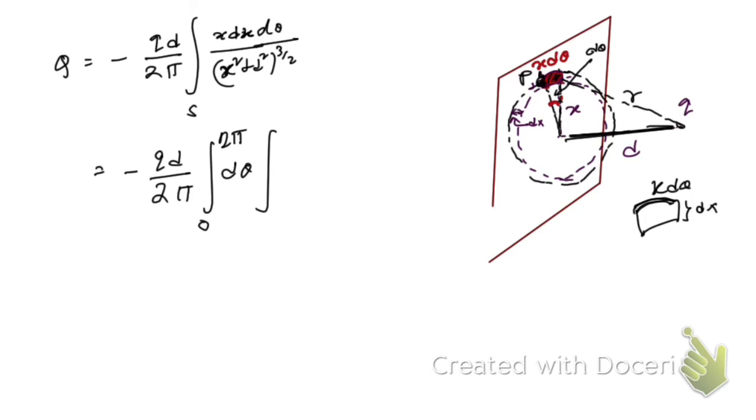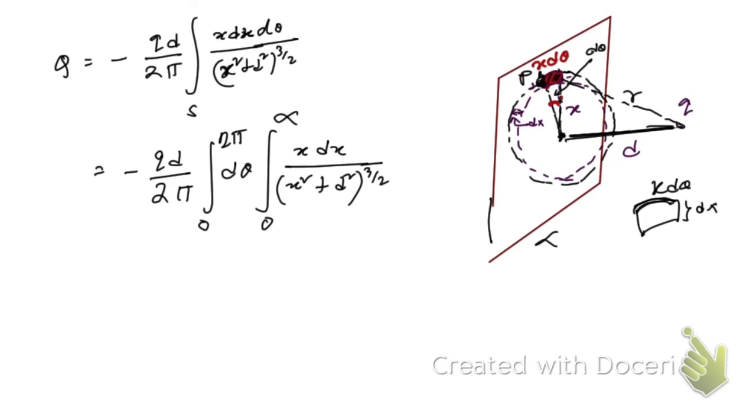Then, since this is an infinite plate, we integrate from the center, which is 0, to infinity along the radius. So we integrate x dx divided by x square plus d square whole to the power 3 by 2. Hope you have understood this.